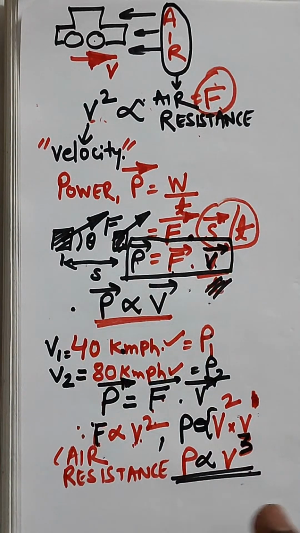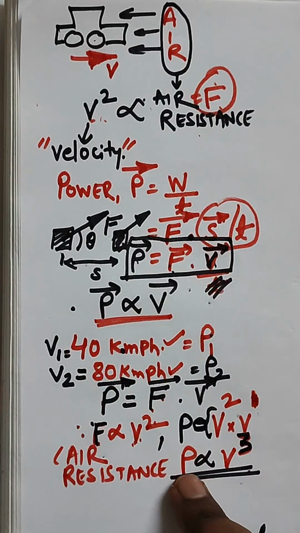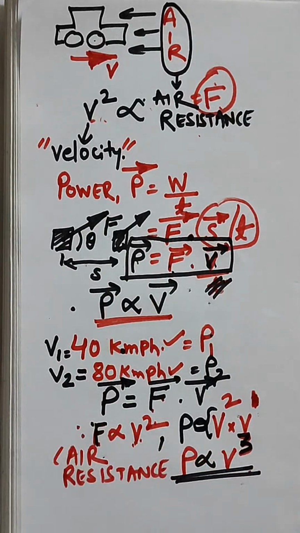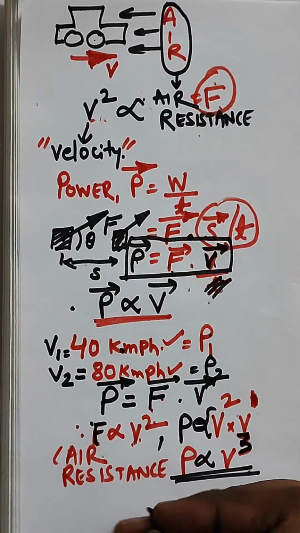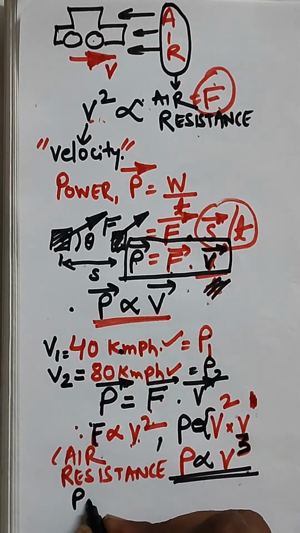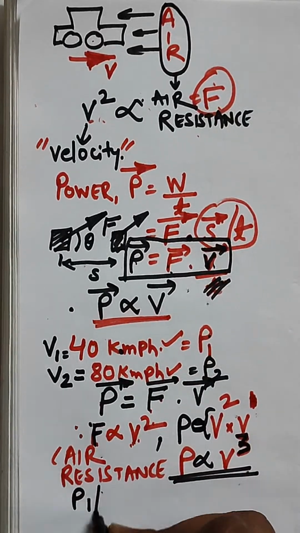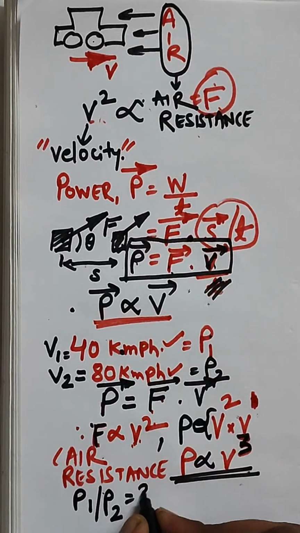Now we have two values of power which need to be calculated for these two velocities V1 and V2. What is the ratio of these two powers? This has been asked, that is, what is the ratio of P1 by P2?